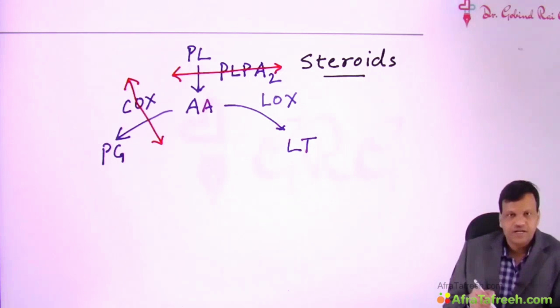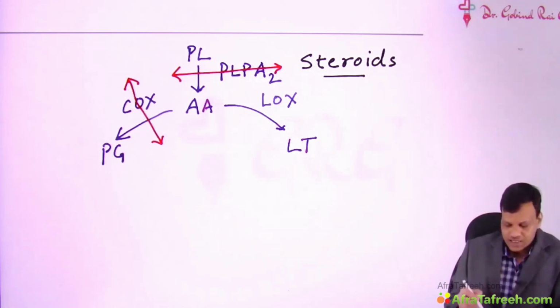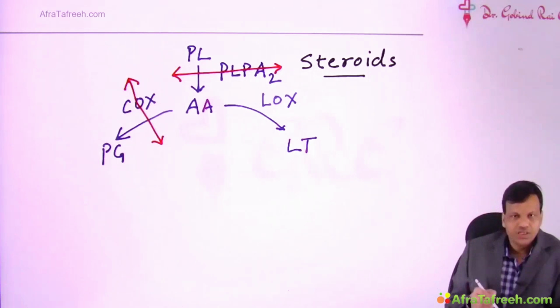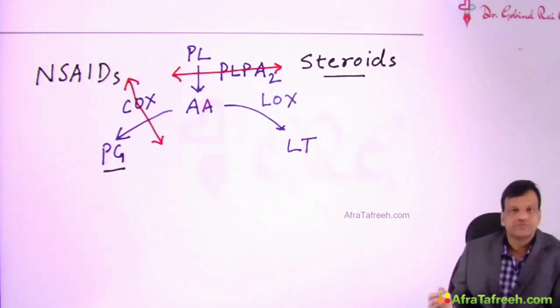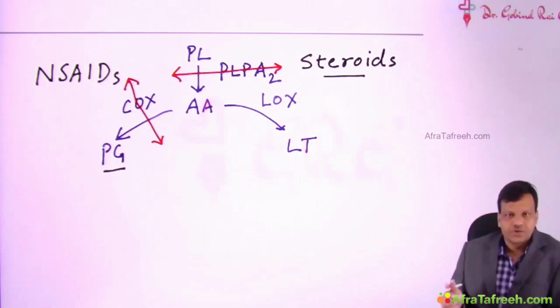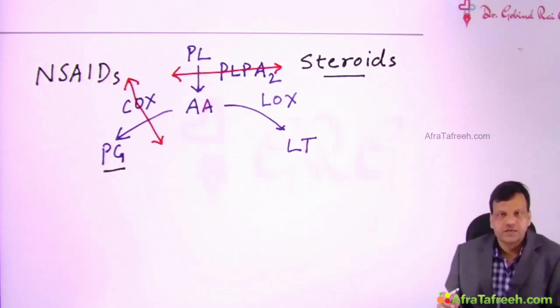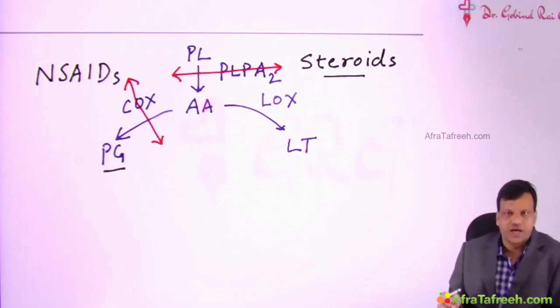On the other hand, if a drug inhibits cyclooxygenase enzyme, chemically they are not steroids and they act one level below the steroids. These drugs are also anti-inflammatory because prostaglandins are not produced. So these drugs are called non-steroidal anti-inflammatory drugs, NSAIDs. Here we will mainly focus on non-steroidal anti-inflammatory drugs. Steroids we had already covered in the endocrine system.